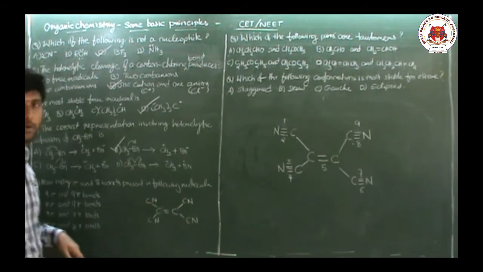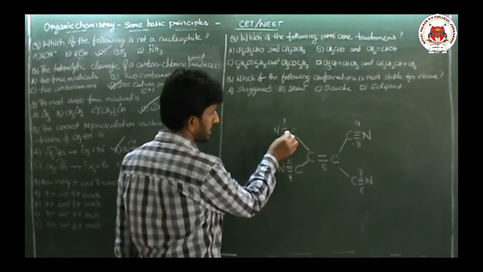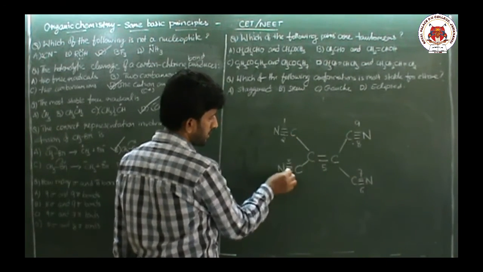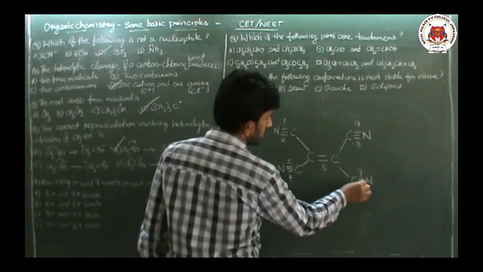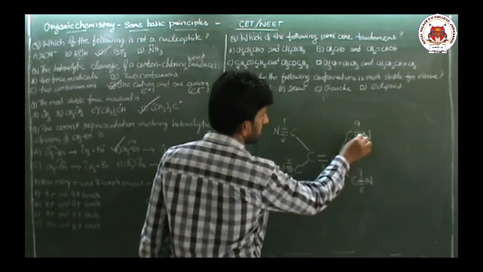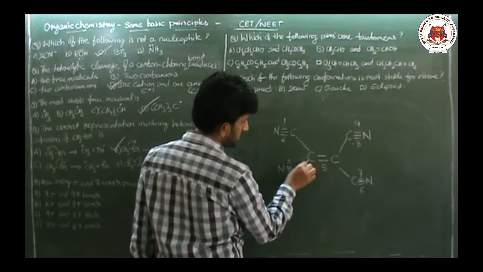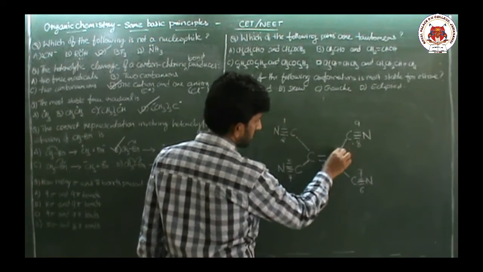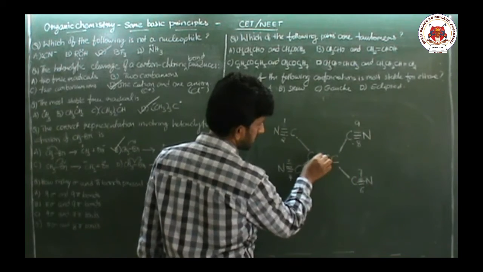Now how many sigma bonds we need to calculate? Here 1 sigma bond, here also 1 sigma bond, 2, 3, 4, 5, 6, 7, 8, 9.